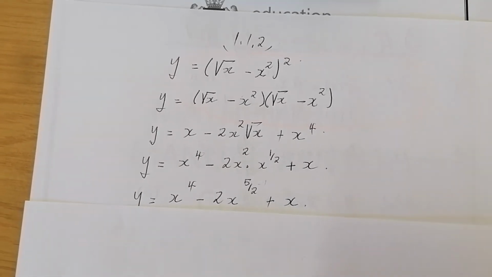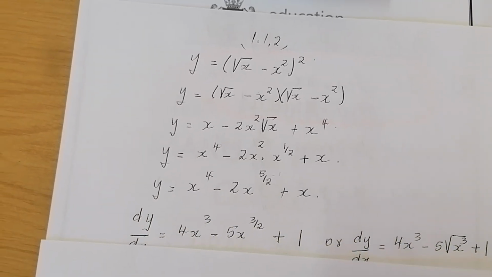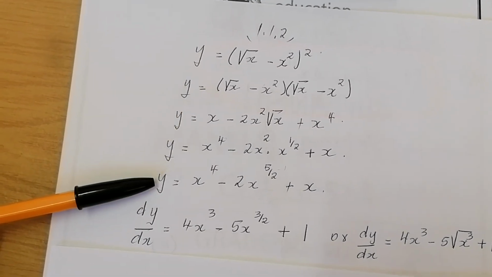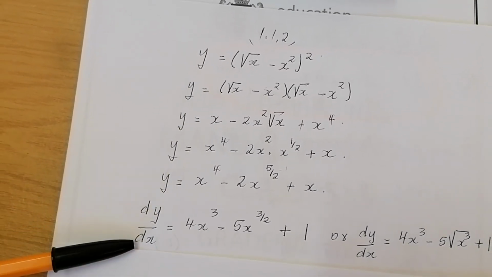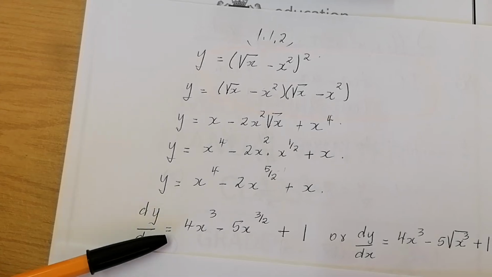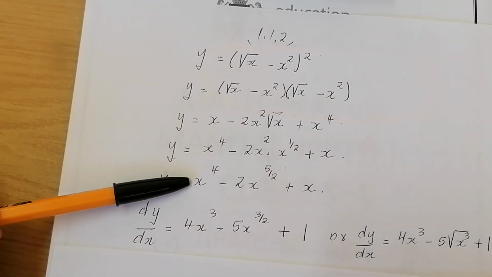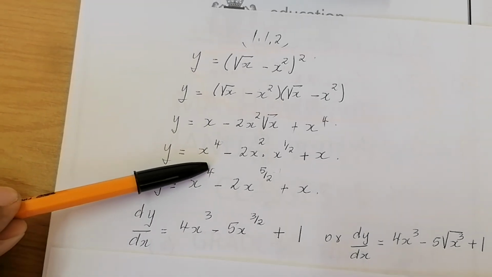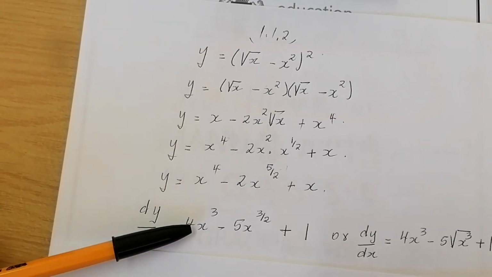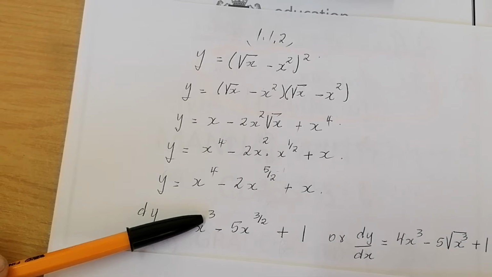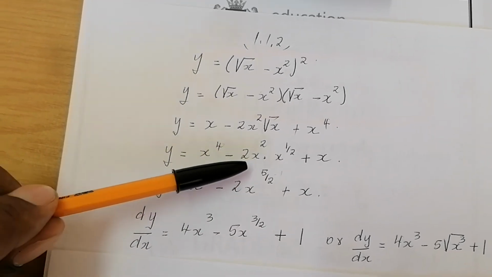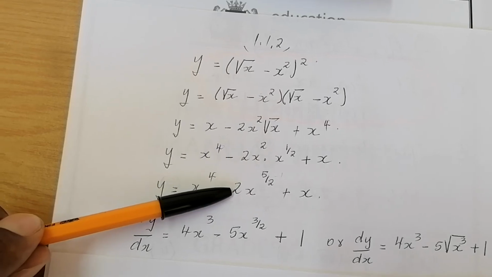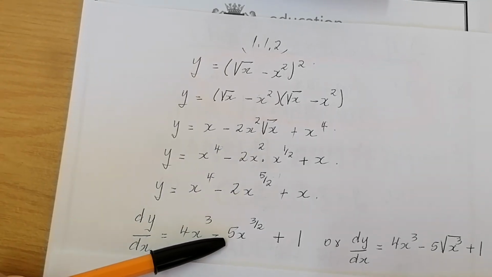Now, I'm differentiating. The derivative of the function y with respect to x is, I multiply 4 by 1, which is 4. I subtract 1, I get 3. It is 4x to power 3. Come to this one, I multiply 5 halves by 2, I get 5.